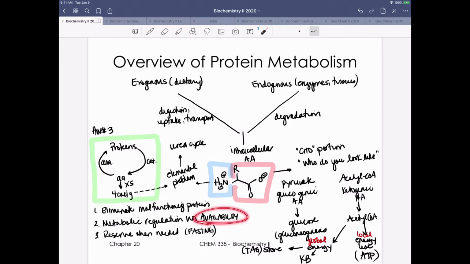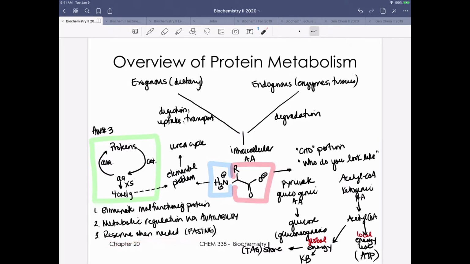But remember, long term, we talked about another mechanism for regulating metabolic processes: regulating the availability of enzymes. Part of regulating metabolic availability is upregulating the transcription of genes to make new proteins, but it's also upregulating the degradative processes that will get rid of those proteins.